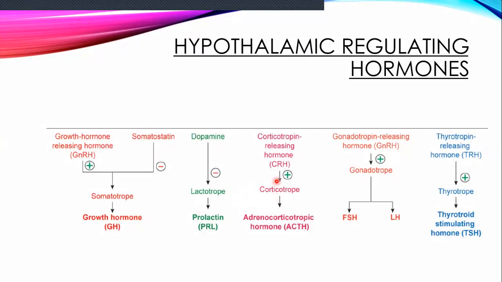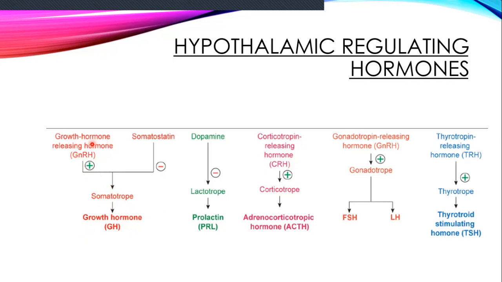Now, here we have the hypothalamic regulating hormones. Remember, the master is also controlled. So here we have growth hormone releasing hormone, which stimulates the somatotrophs to produce growth hormone.